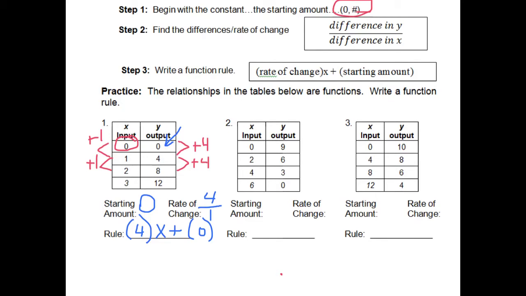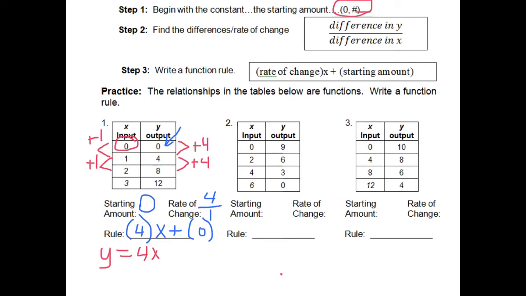So my rule is y equals 4 times x, which is 4x, and then plus 0. Do we need to add the plus 0? No, it doesn't add anything. So our answer, our rule is y equals 4x.